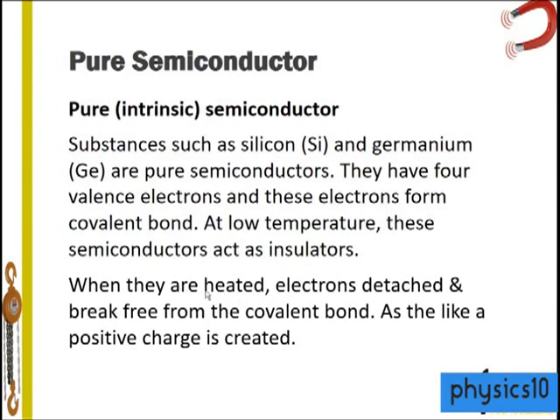However, when silicon and germanium are heated, when thermal energy is applied to them, the electrons in the valence shell detach and break free from the covalent bonds that are formed between the atoms. And as a result, positive charge is created as the electrons leave the atom.